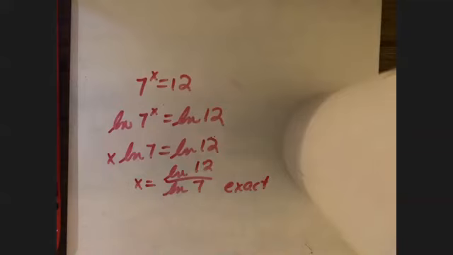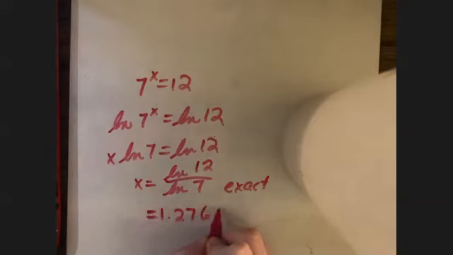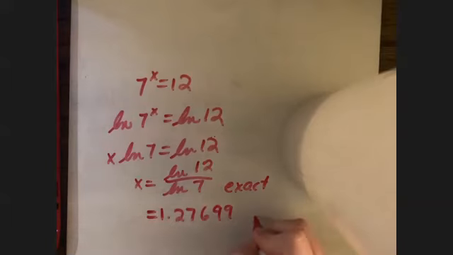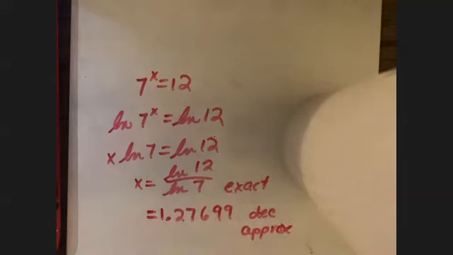Putting natural log of 12, closing that set of parentheses, and then natural log of 7 into my calculator, we get 1.27699. This is a decimal approximation, and they should indicate how many decimal places they want you to go with that. So we have that basic idea.